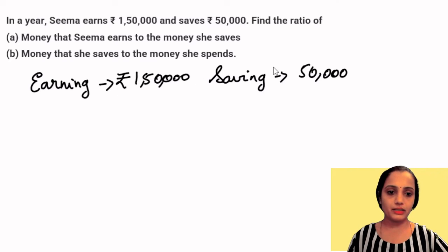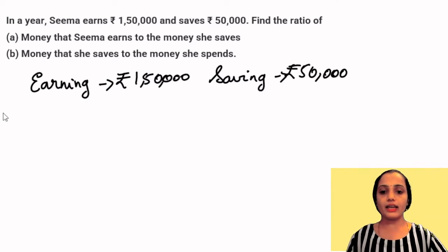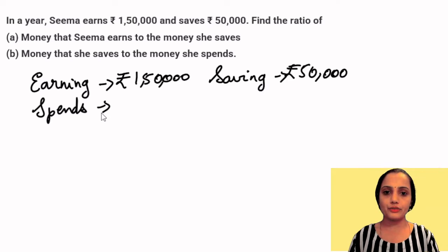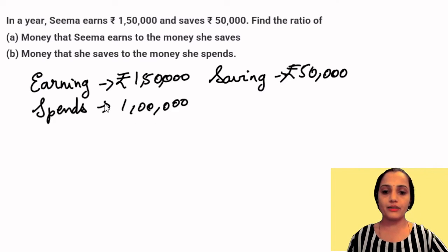Let's write the symbol as well. It's rupees. And what is it that she spends? If she earns 1,50,000 and saves 50,000, she is spending the subtraction of these two. So she spends about 1,00,000 rupees every month. So we have all our quantities in the same unit.